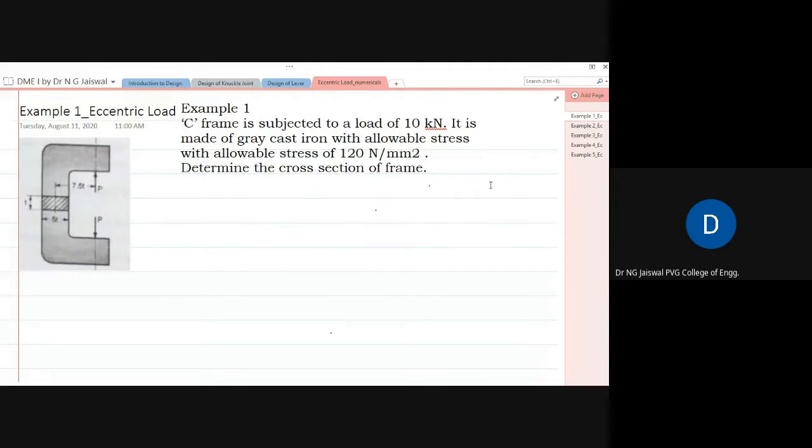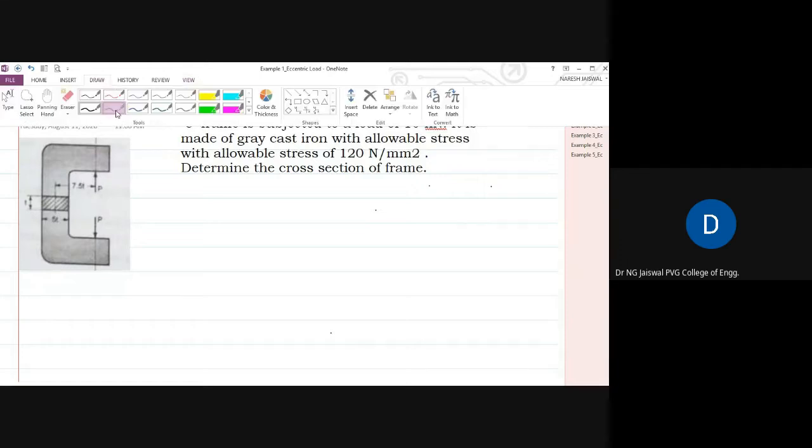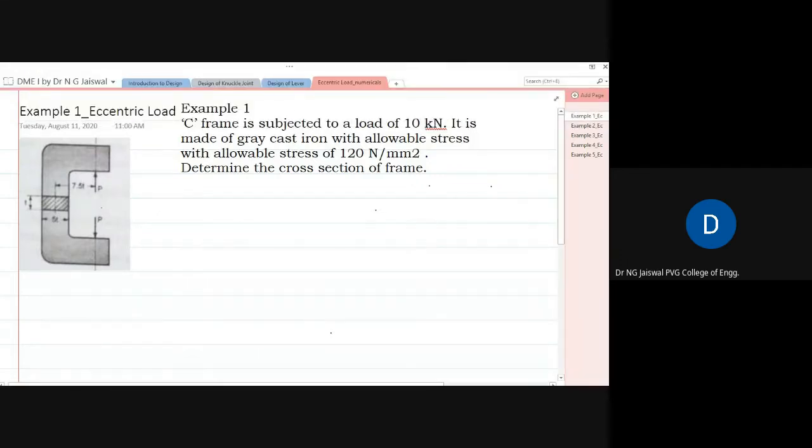We have seen in the last lecture the procedure to solve problems when the member is subjected to some eccentric load. We also discussed what eccentric means in this context. Eccentric means the load is not passing through the centroid of the cross section.